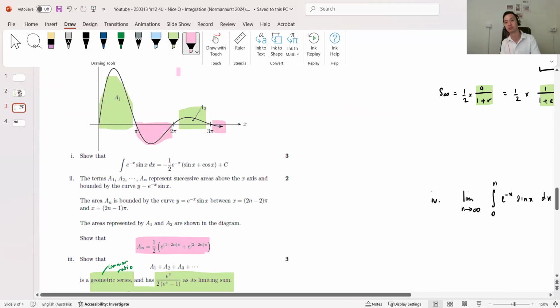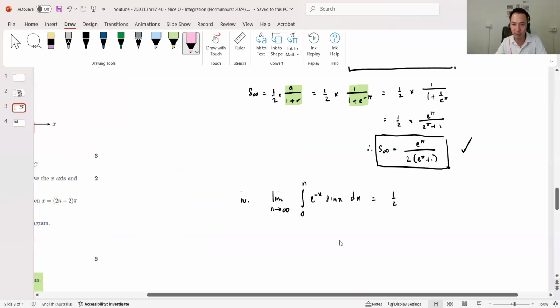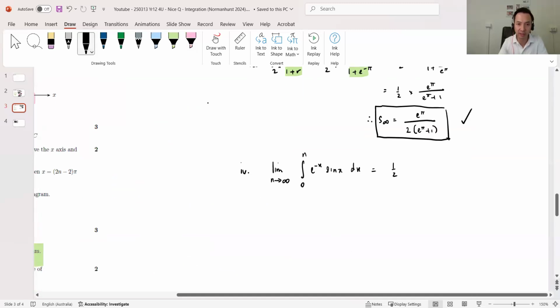But this integral basically sums both positives and negative areas, right? So what I'm gonna do, let x equal the sum of areas above the x-axis.